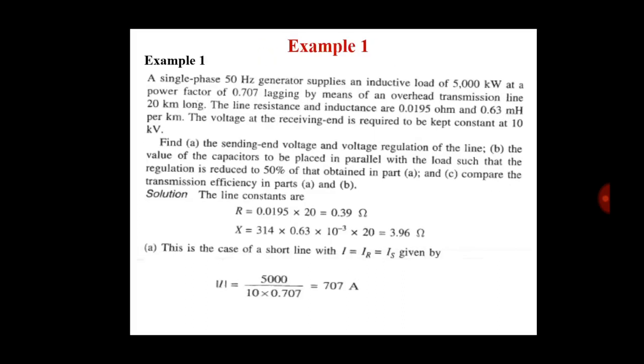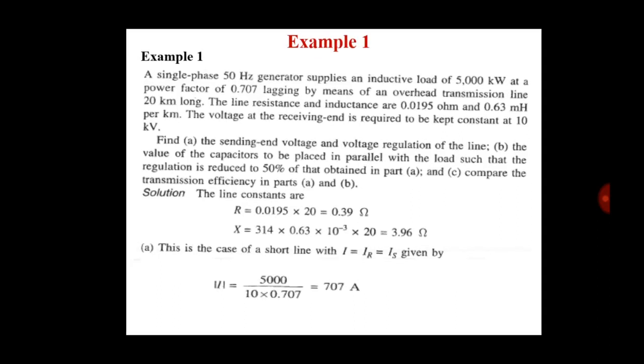Now example 1. A single phase 50 Hz generator supplies an inductive load of 5000 kilowatt at a power factor of 0.707 lagging by means of an overhead transmission line 20 km long. The line resistance and inductance are 0.0195 ohm and 0.63 millihenry per kilometer.